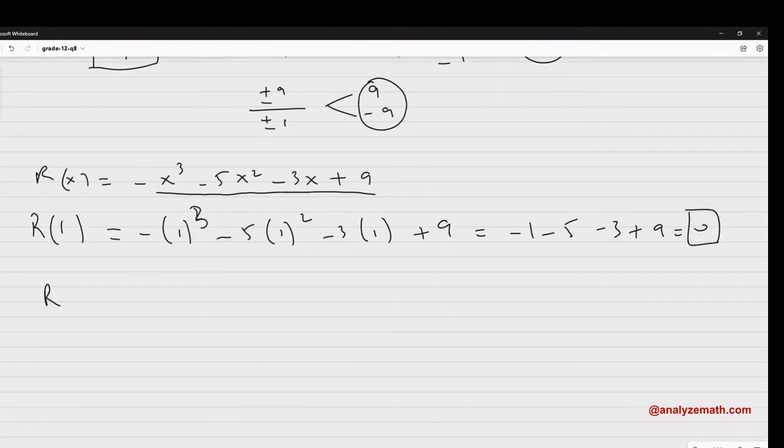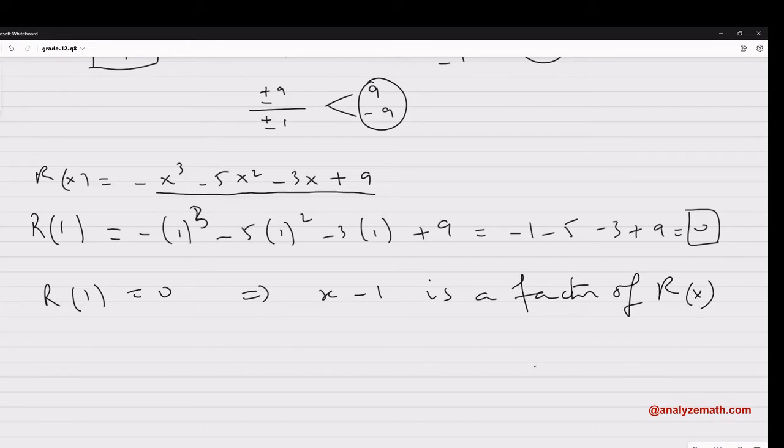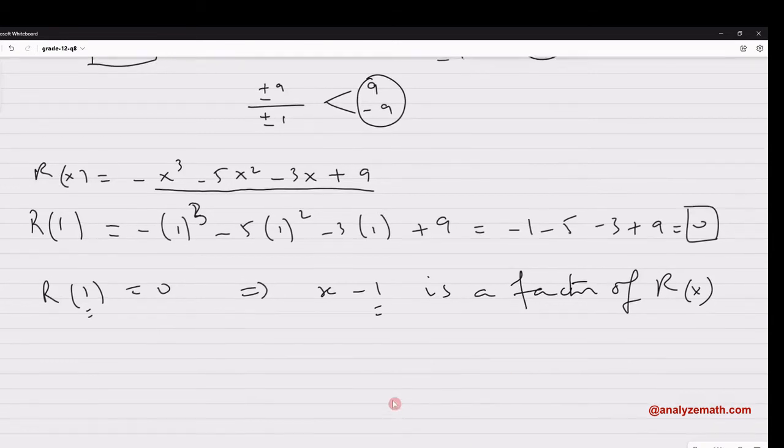Since R(1) equals 0, that means x minus 1 is a factor of R(x). This is your zero, and it goes like this: x minus the zero, so x minus 1 is a factor of R(x).